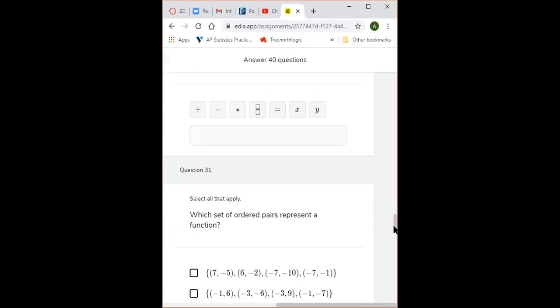All right, so then 31 is about functions. So remember, we have 3 ways to write functions. And again, there'll be 10 questions. You have a table, which will look like that.